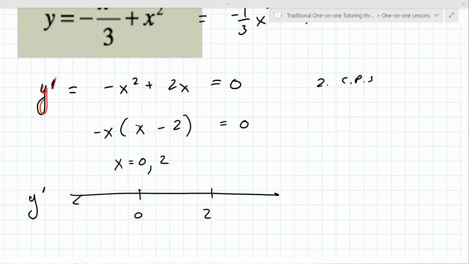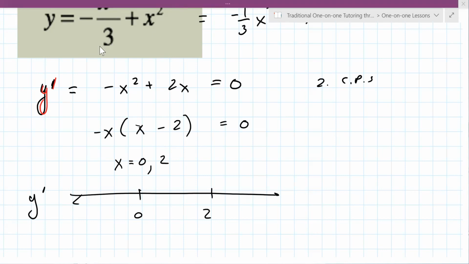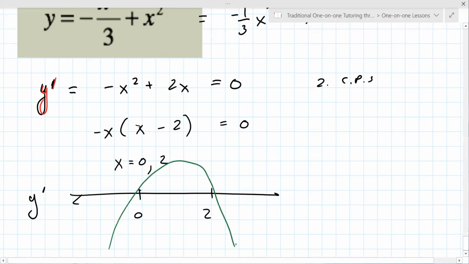Negative, positive, negative. And the graph of this is an upside down parabola, so it looks like this. Negative, positive, negative.